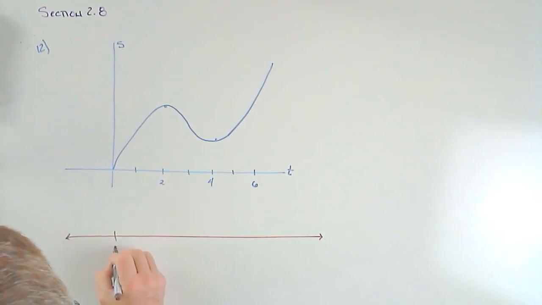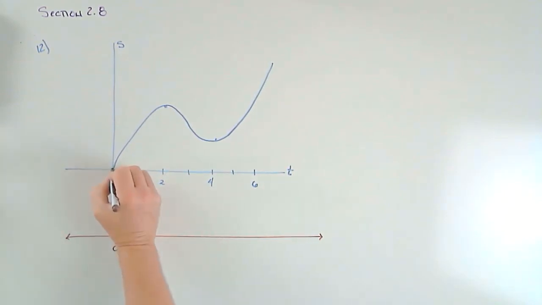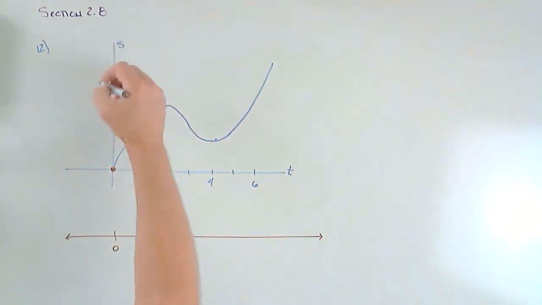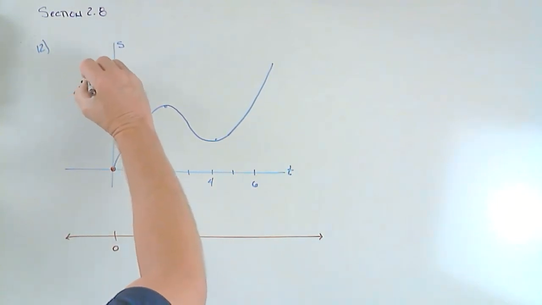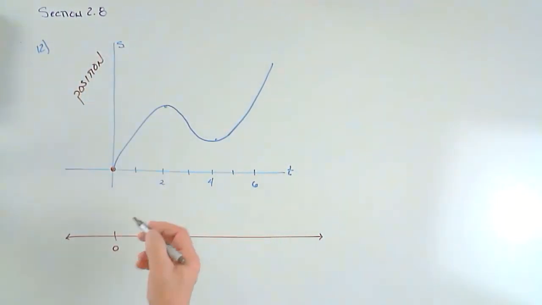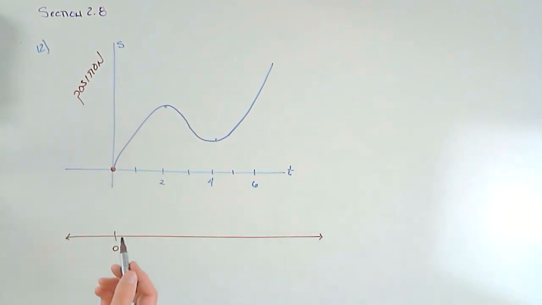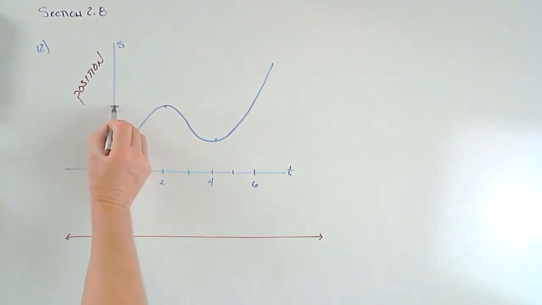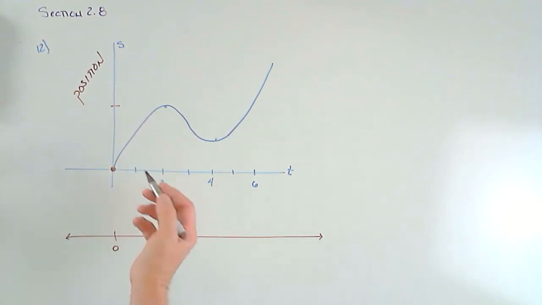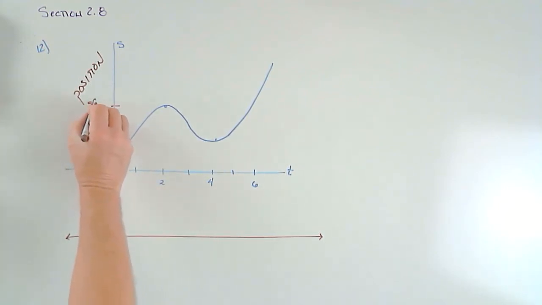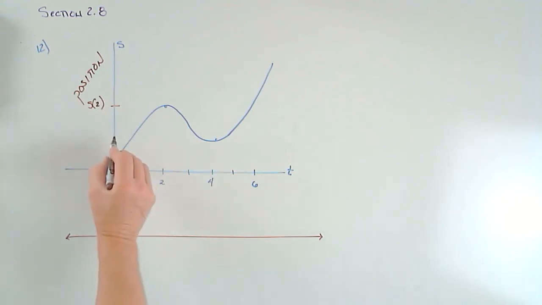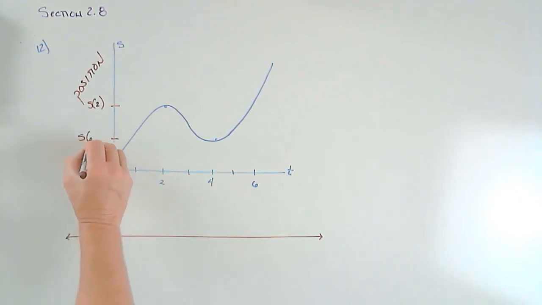This is our position at time 0. Our position at time 0 is 0. Our position at time 2, we don't know this y value, but that's S of 2. We don't know this y value either, but that's our position at time 4. That's all we know about those values.